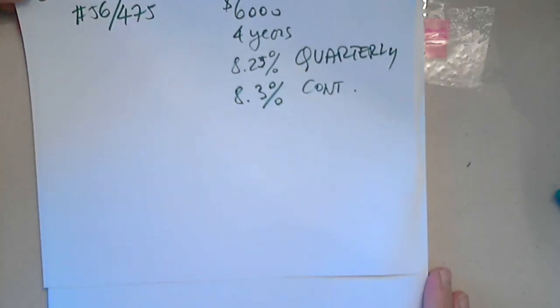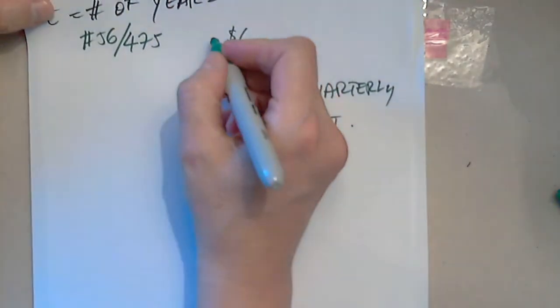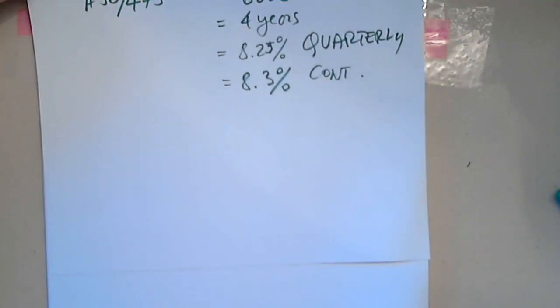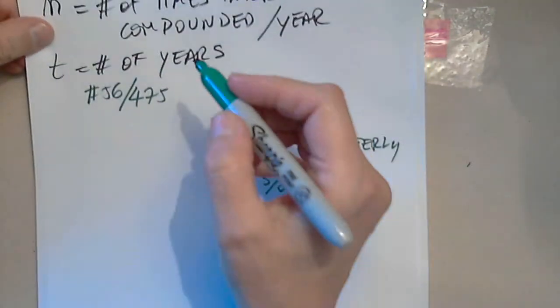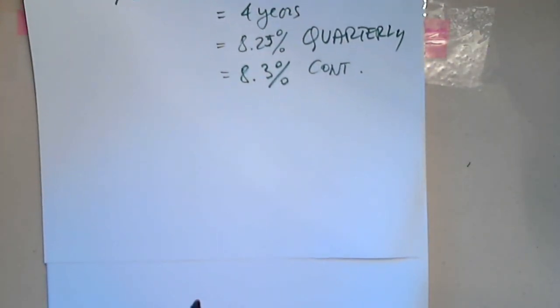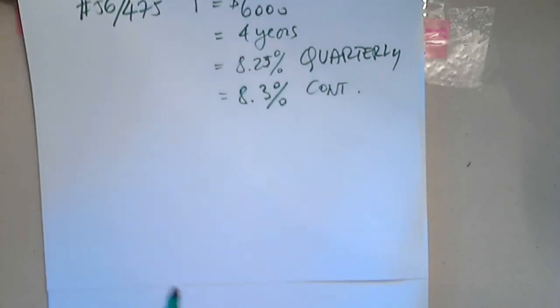Okay, let's identify each and every piece of information we have in this problem. I need to identify what the 6,000 represents. Principal. Very good. What does 4 years represent? T. Very good.